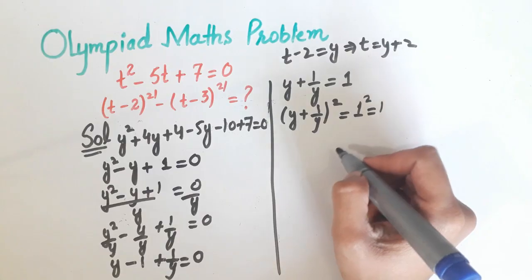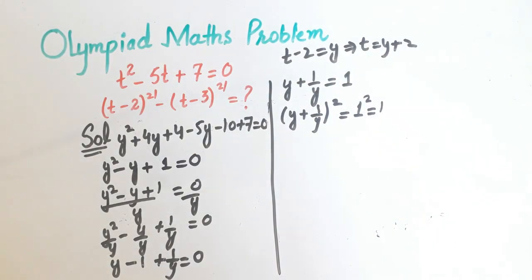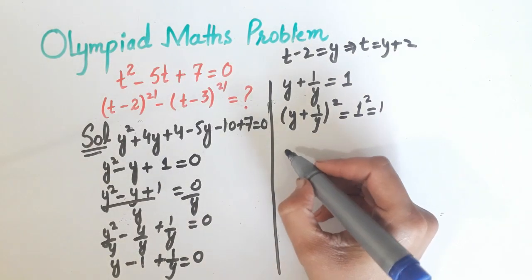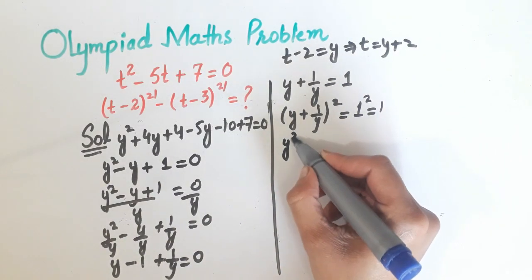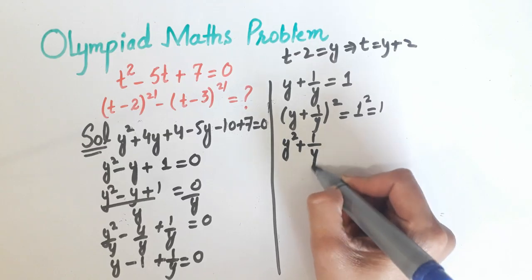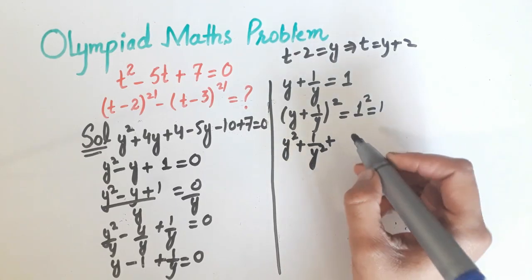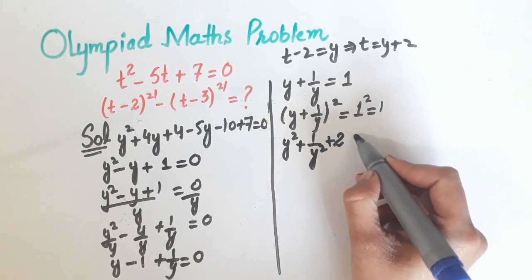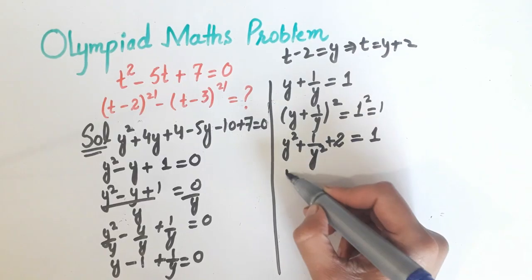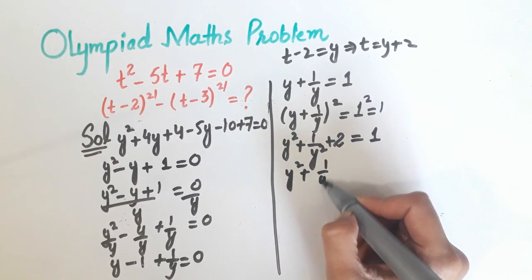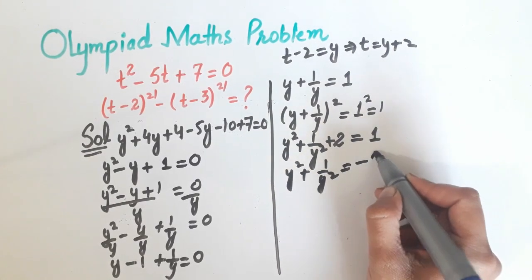That means we have to find the value of, by opening the square, what will we get? We get y square plus 1 by y square plus 2 equals 1, which implies y square plus 1 by y square equals minus 1.